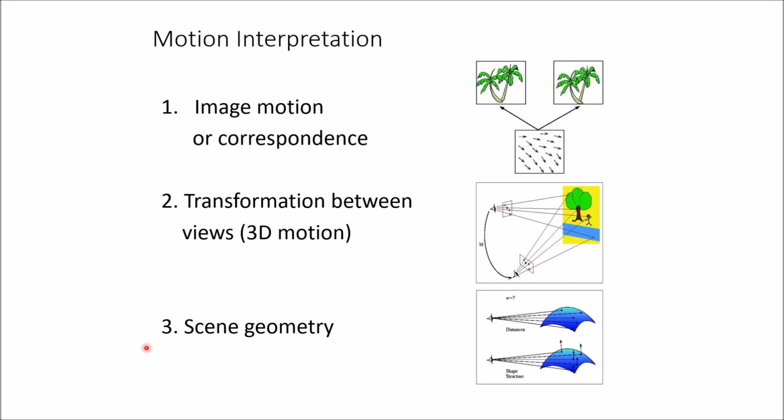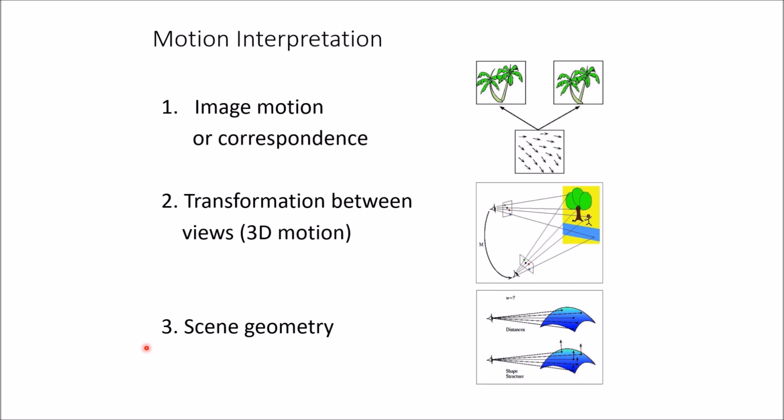After we have computed this image motion representation, we then can compute the transformation between the views. We also call this ego motion or 3D motion. And we can also compute how objects are moving independently.